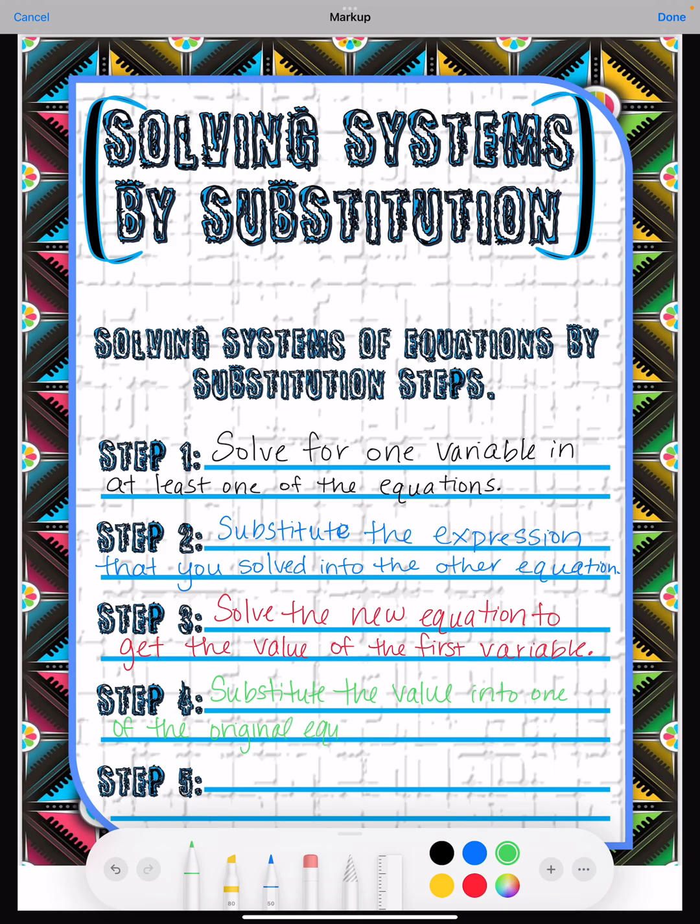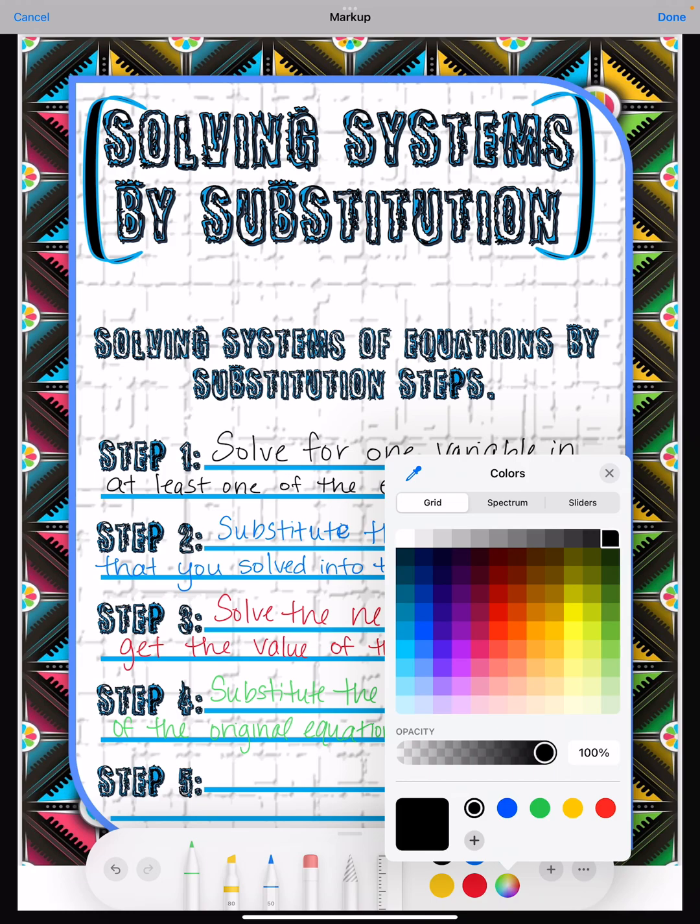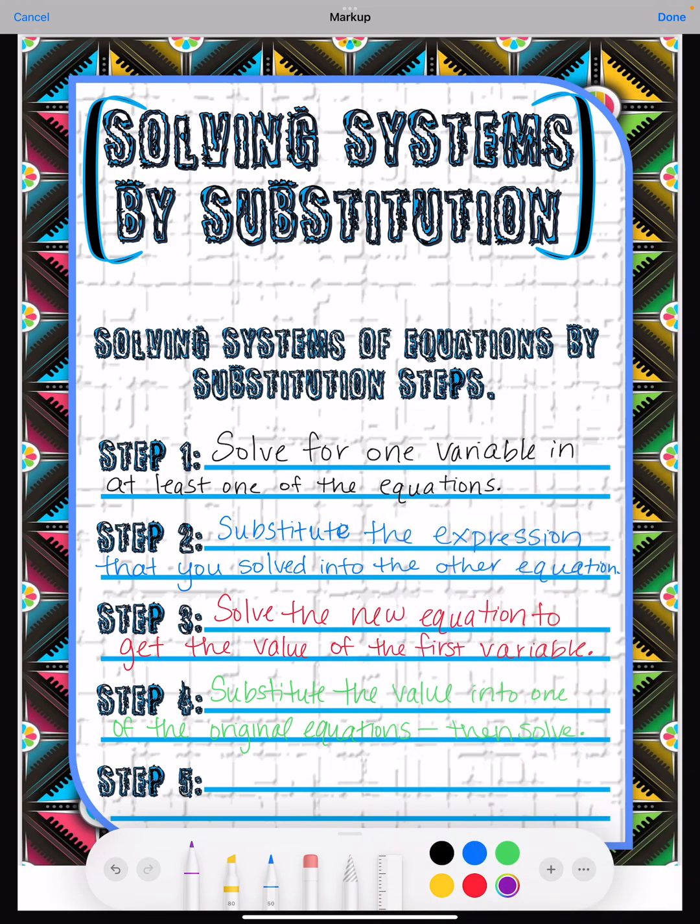Because your new equation, we got rid of the variable we want now. And then we're going to solve it. So for example, if I solved for x, I'm going to take that x and plug it into one of my original equations. Because it's a system, I'm going to get the same thing. If I don't, something's wrong. So you should get the same thing no matter which one you use.